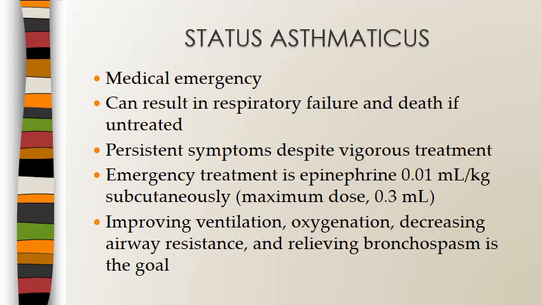Our goals with these children are to improve their ventilation, oxygenation, and decrease the airway resistance, and relieving the bronchospasm is our goal. So we will be using different medications to achieve these goals.